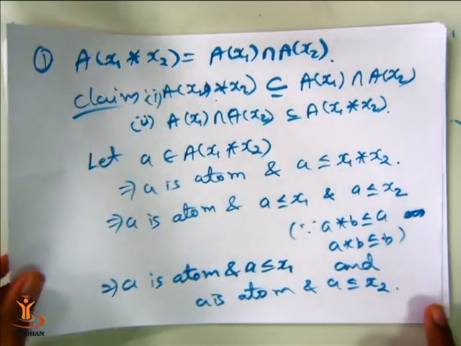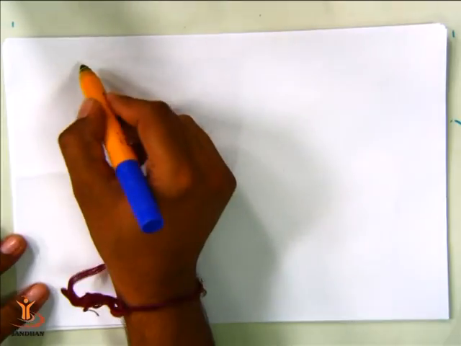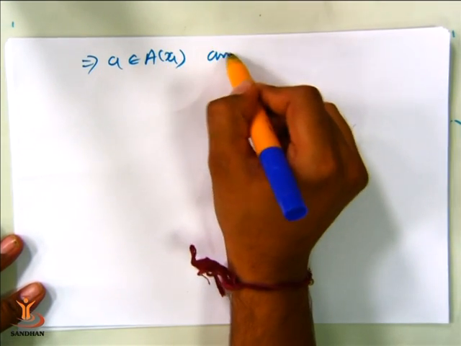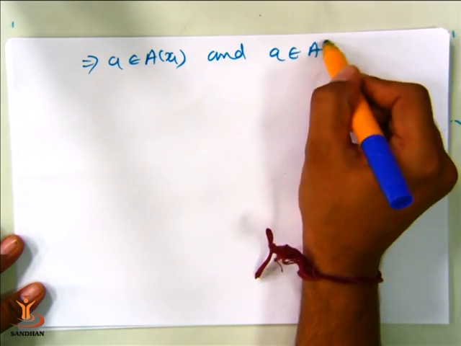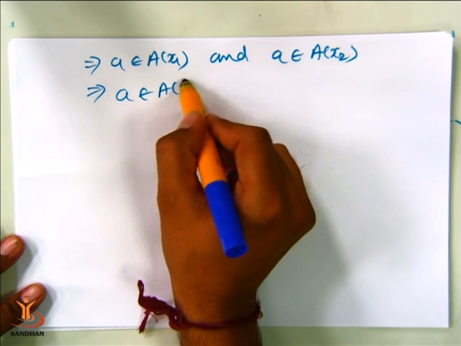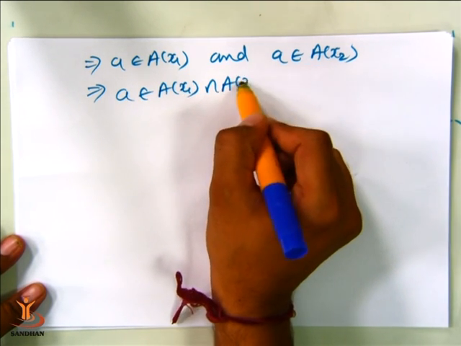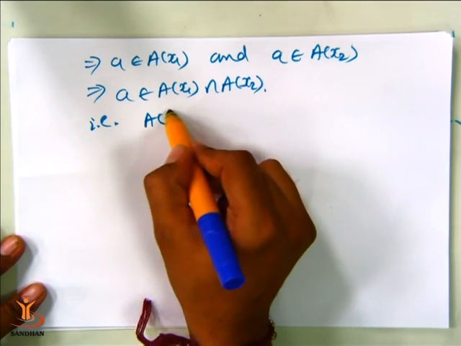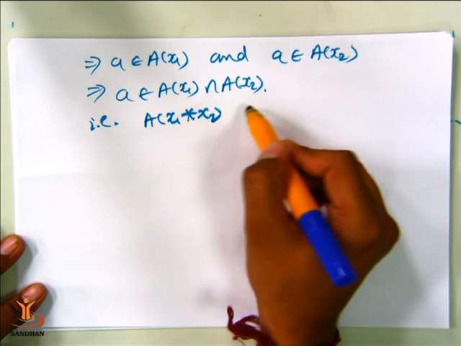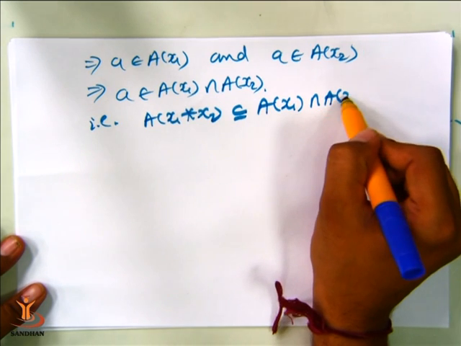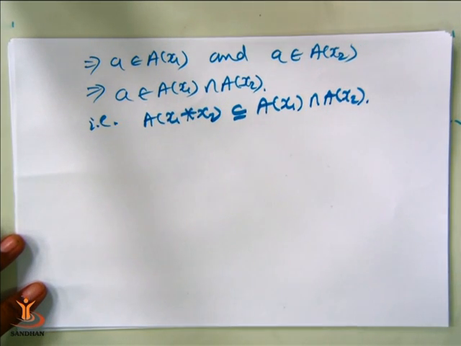So when we combine these two by the definition of atom, we get a belongs to A of x1 and a belongs to A of x2, and that implies a belongs to A of x1 intersection A of x2. So this means that A of x1 star x2 is a subset of or equal to A of x1 intersection A of x2. Right. Now let us take the converse part.